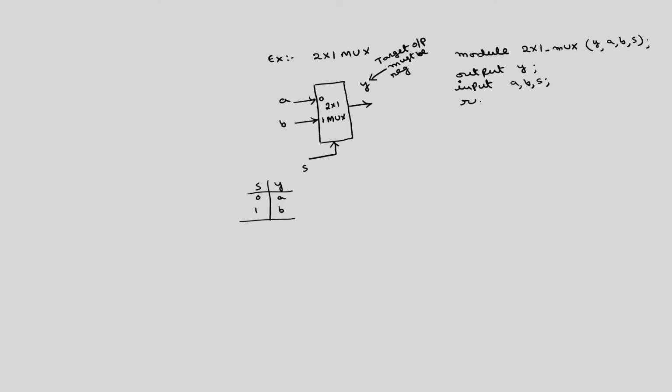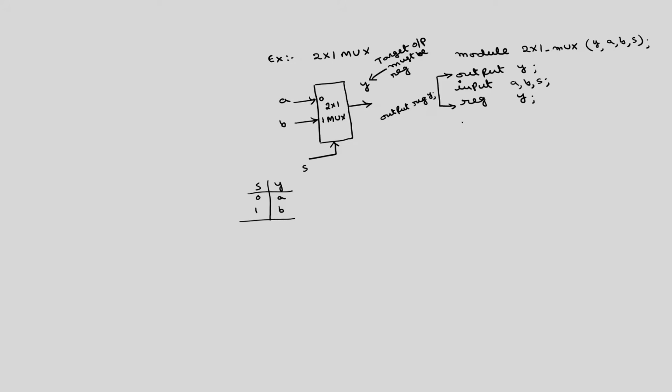So, you have to define reg Y. These two together can be written in a single statement. You can use output followed by reg then Y. This is also possible. Okay.